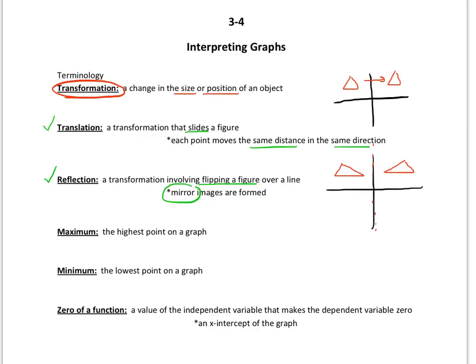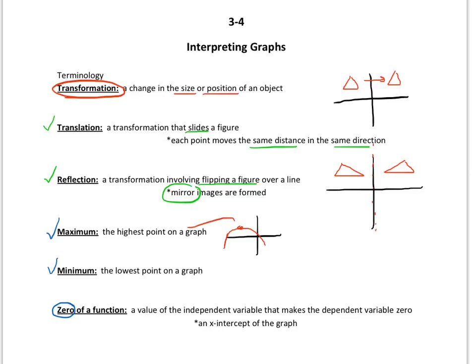Other ways of interpreting graphs, besides how they are changed or moved, is talking about the maximum, the minimum, and the zeros of a function. The maximum would be, if I had a picture of a parabola that opens downward, the maximum would occur at the highest point.